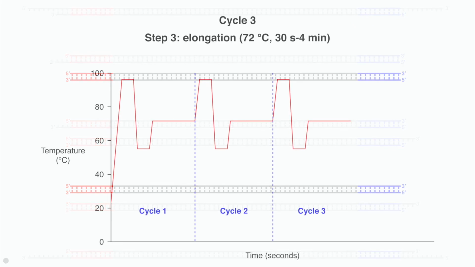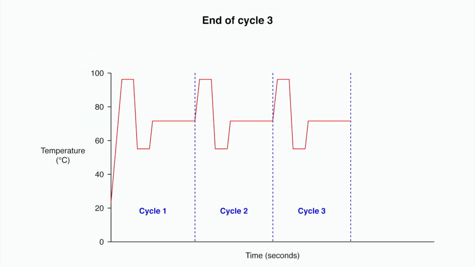At the end of the third cycle, DNA molecules have now been produced that have blunt ends on both sides. These products will become the dominant species during the PCR reaction, as will be explained in a moment. The PCR reaction will continue in the same manner for up to 30 to 40 cycles.